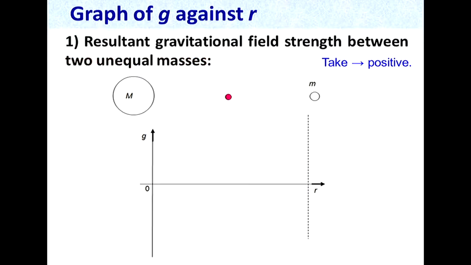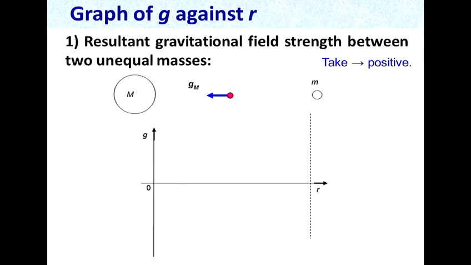So now I'm going to assume I have a test mass. Because I want to sketch G field strength, I assume that this test mass has a value of 1 kg, a unit test mass. So this test mass is going to experience a gravitational force that big M will exert on it. Which direction is that force?